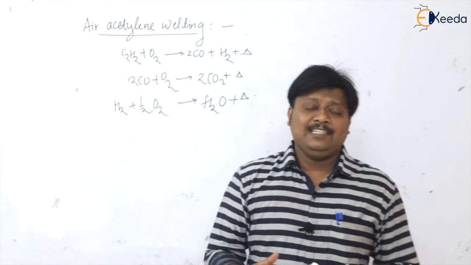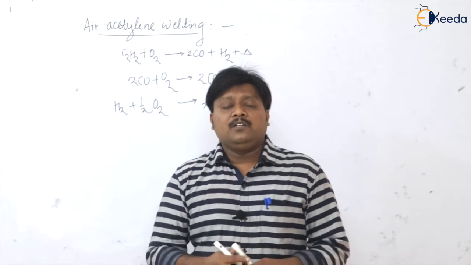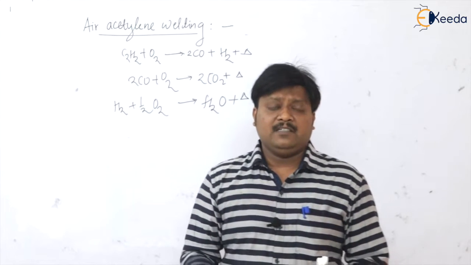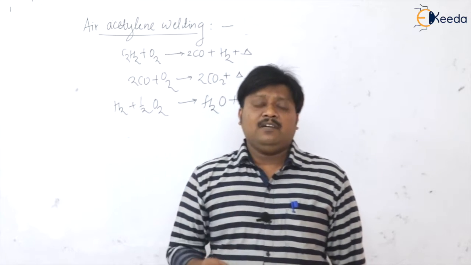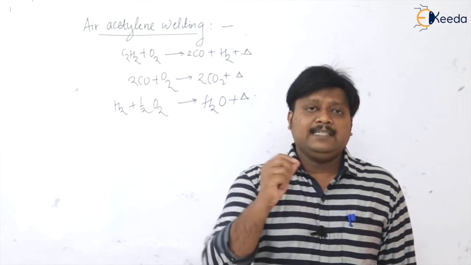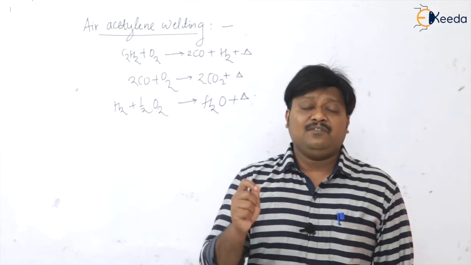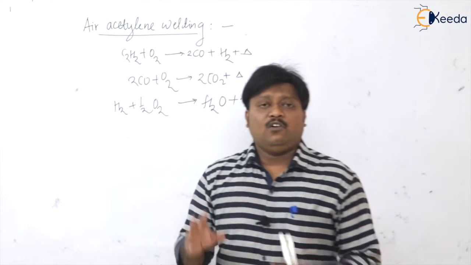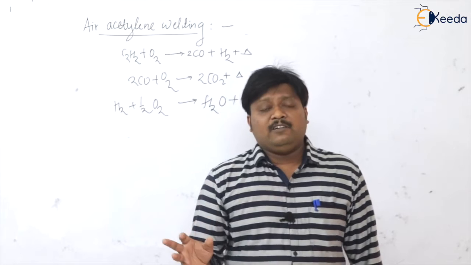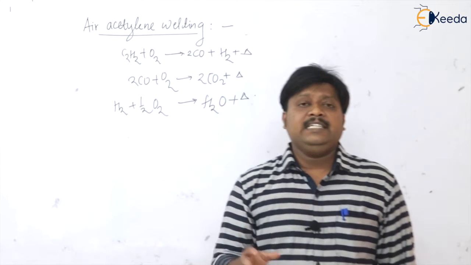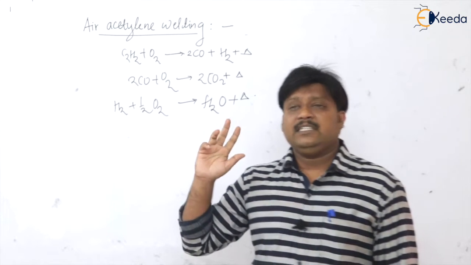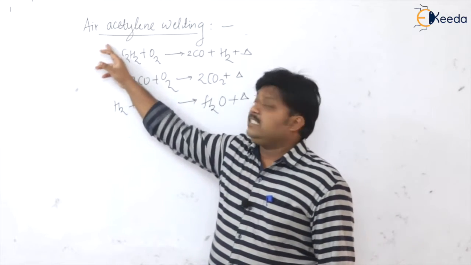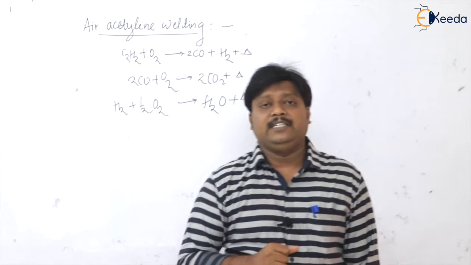In air acetylene welding, we remove the oxygen cylinder, and whatever oxygen is required for complete burning of acetylene is taken from the atmosphere. That is why this technique is called air acetylene gas welding.